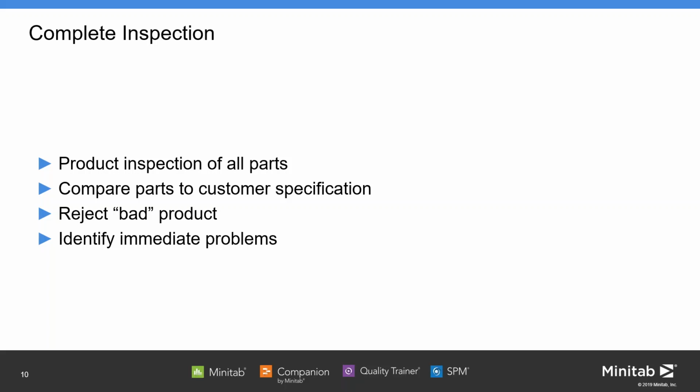This allows us to do product inspection of all the parts, and for every single part, compare parts to the customer specification. And of course, that allows us to reject bad product before our customer even sees it. This is wonderful in allowing us to immediately identify problems with our process that may result in customers getting bad product. So this is a fantastic tool to ensure our customers are getting the right product of the right quality.